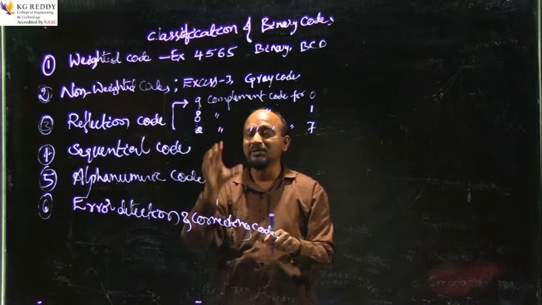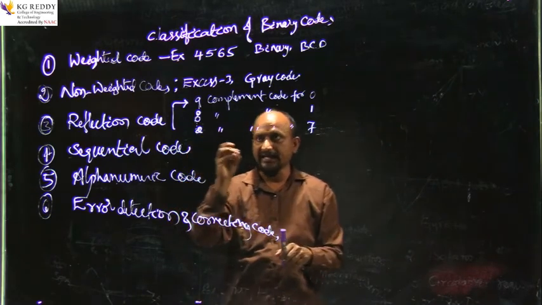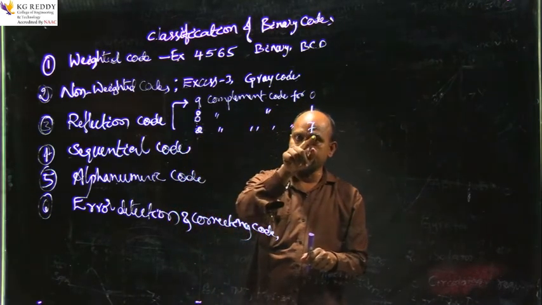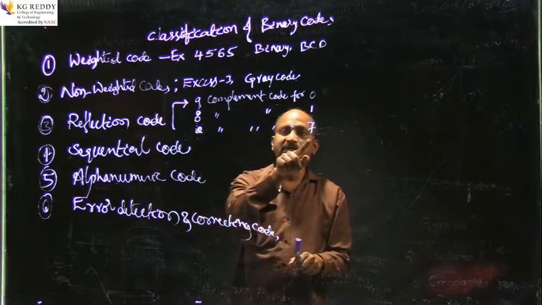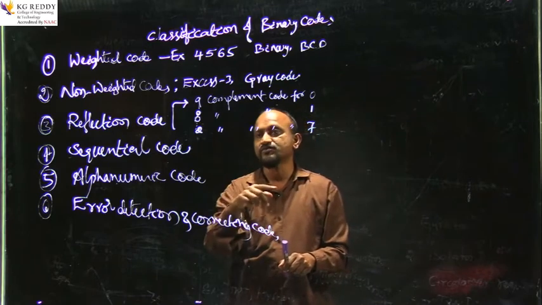In decimal, the maximum digit is 9. So 2 plus 7 is 9: the 9's complement of 7 is 2, and of 2 is 7. These two reflect each other, vice versa.